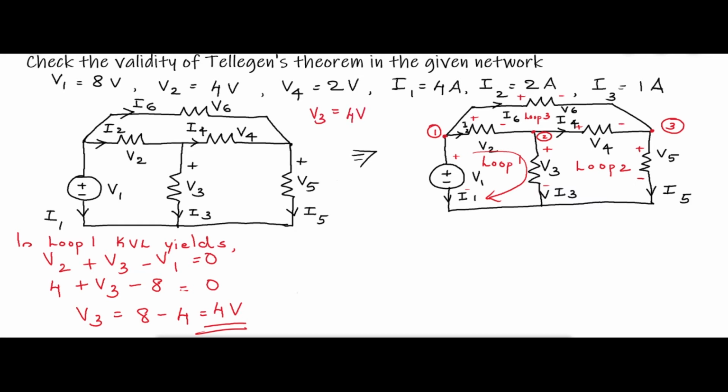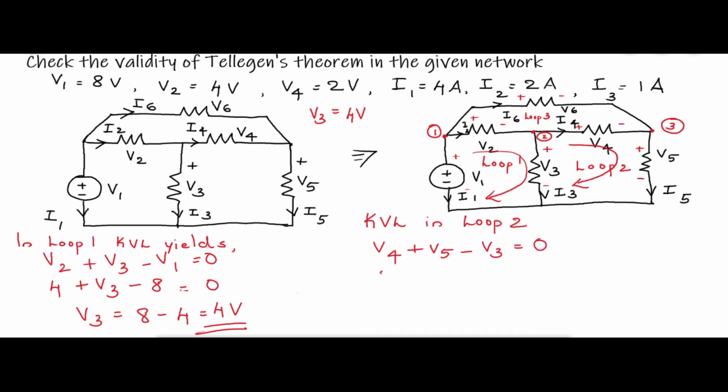Now you have to apply KVL in loop 2. Here also I am assuming my direction in this manner. So I can take it as V4 plus V5 minus V3 equal to 0.